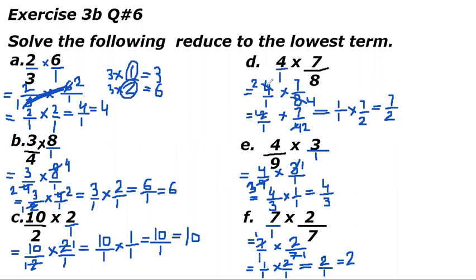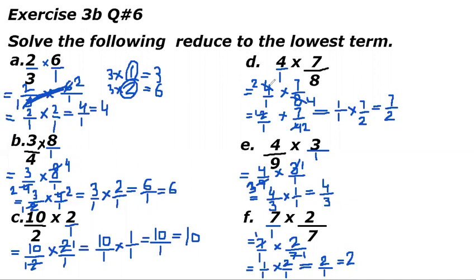Now we will check the numerator of the first fraction and the denominator of the second fraction. You will see that there is a relationship between 4 and 8. The relationship is both are multiples of 2, or 2 is a factor of both 4 and 8.